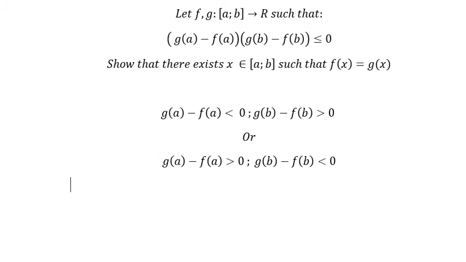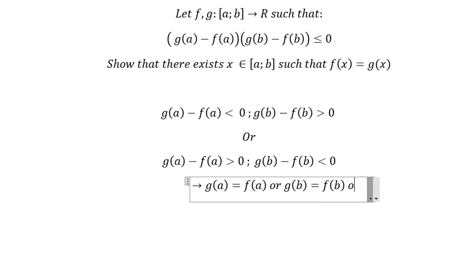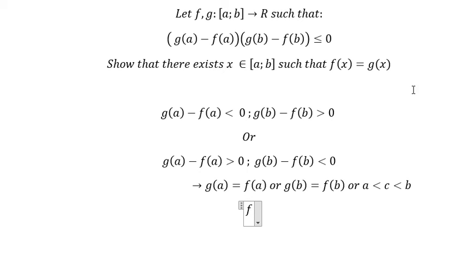And the last scenario: it can be g of a equal to f of a, or g of b equal to f of b, or I put c to represent a value between a and b, where f of c equals g of c.